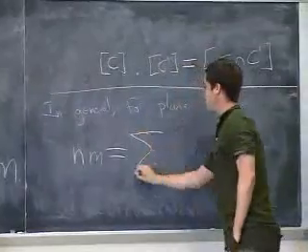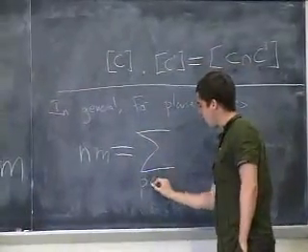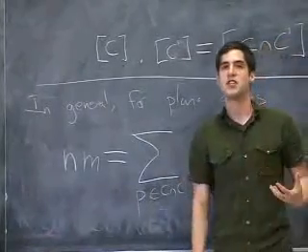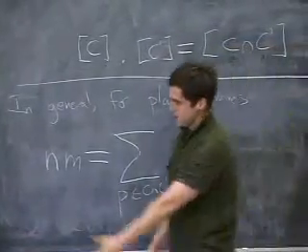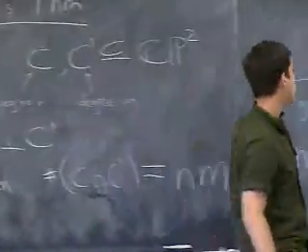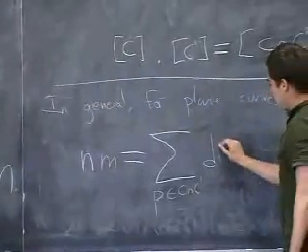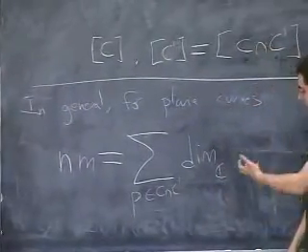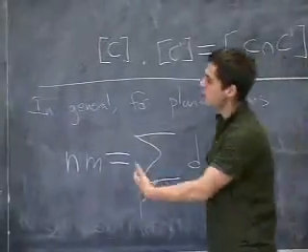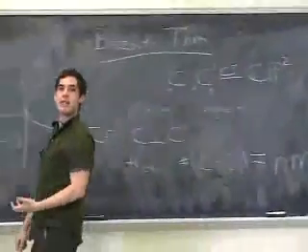So we can write this as a sum over all points which lie in the intersection of C and C prime of an intersection multiplicity, which, according to the prescription which I've described here, is given by the dimension of a certain ring. You want to take the complex dimension of the ring of functions of the intersection at that point.